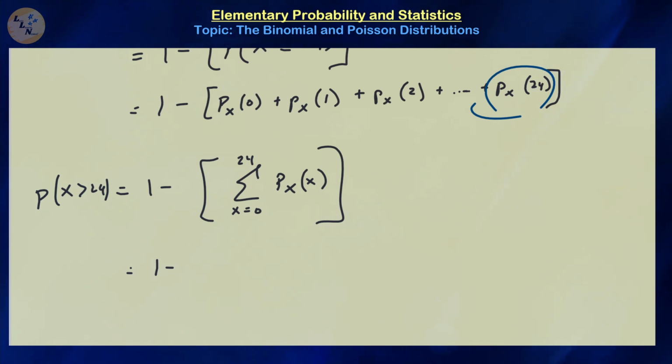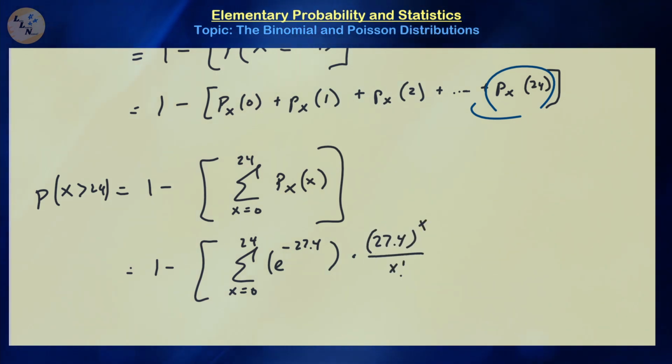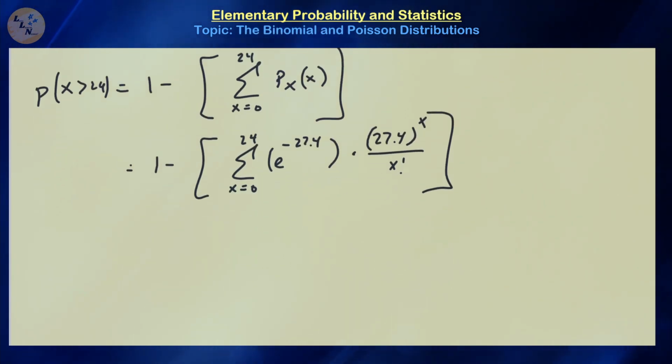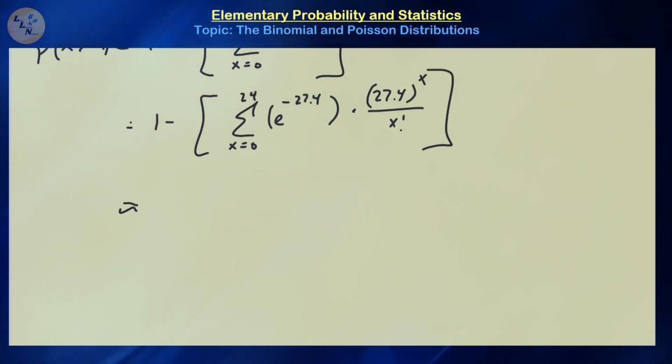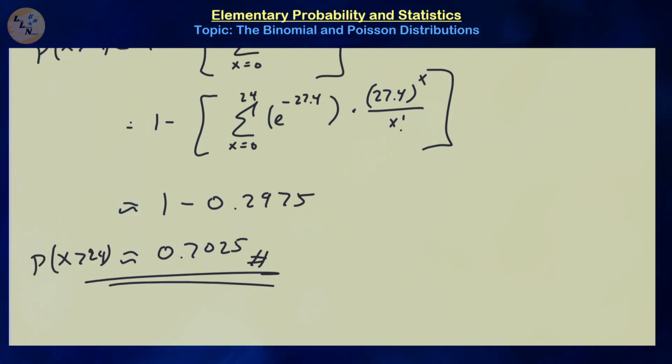Which is going to be equal to 1 minus the sum from x equals 0 to 24 of e to the minus 27.4, that's our lambda value, times 27.4 to the power of x, all over x factorial, and you let that sum run across those values of x from 0 to 24, and you're going to find that's approximately equal to 1 minus 0.2975, which then of course comes out to approximately 0.7025. So what is the probability that more than 24 people show up to the restaurant between 12 p.m. and 1 p.m.? That is going to be approximately a 70% chance.